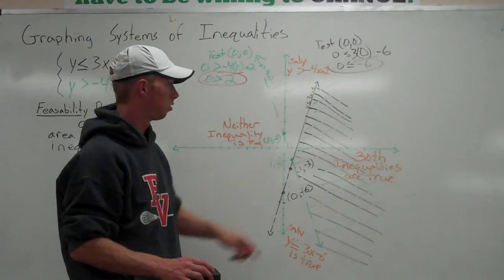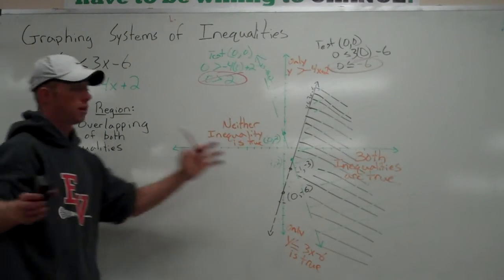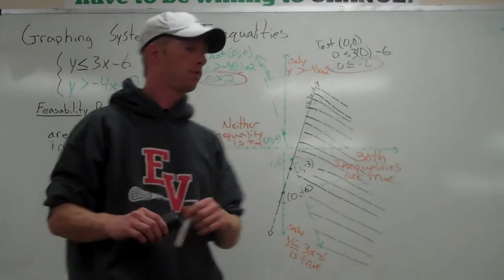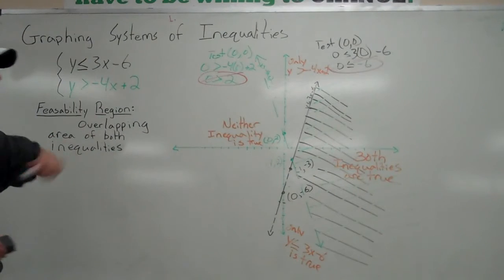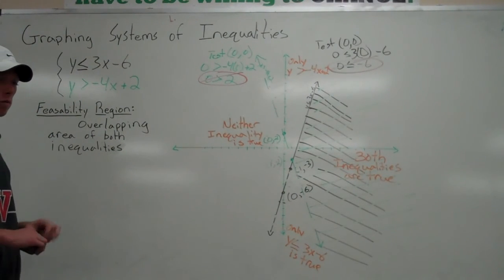And that becomes your solution. It becomes your feasibility region. Okay? And that's essentially how you graph two inequalities on the same coordinate plane, which we call a system of inequalities when we have our bracket.